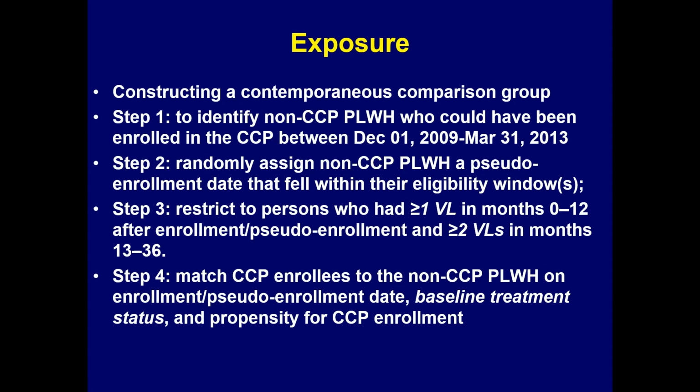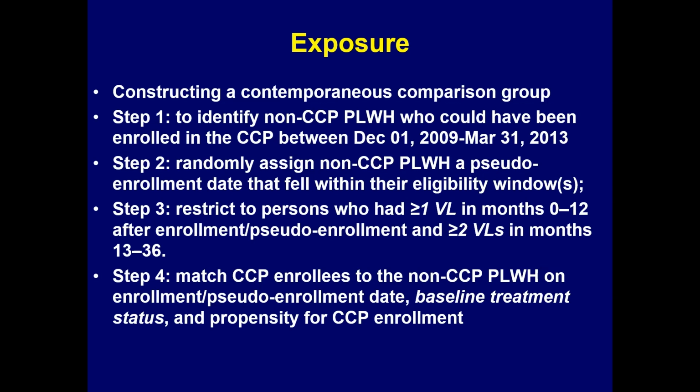There are a few steps here. The first one is to identify the non-CCP people living with HIV who could have been enrolled into the CCP. That means they were drawn from the same population as the CCP clients during this period of time.